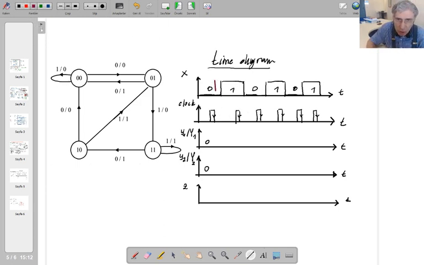So the change should be on this edge. You see that? Negative edge. And for this one, at this edge, the state change is going to happen. For this one, it's going to be this one.